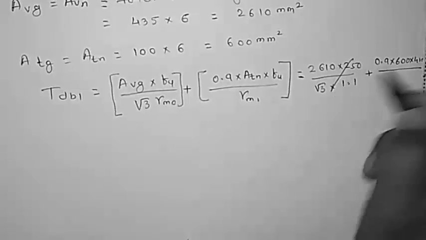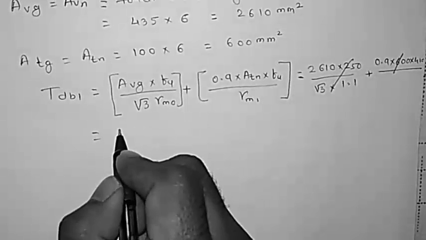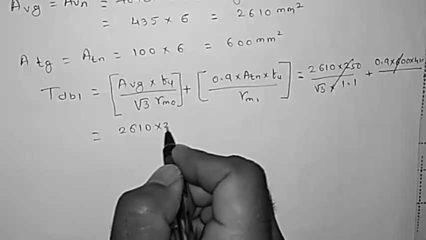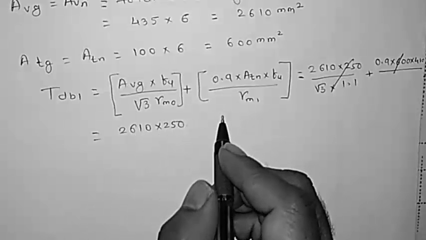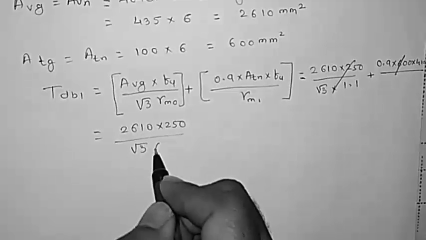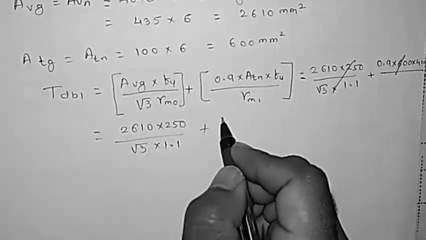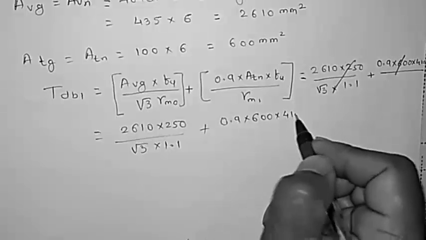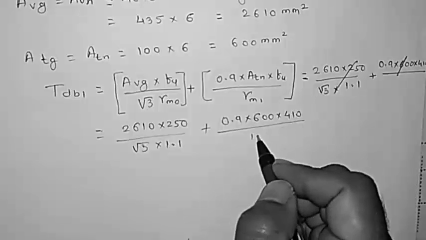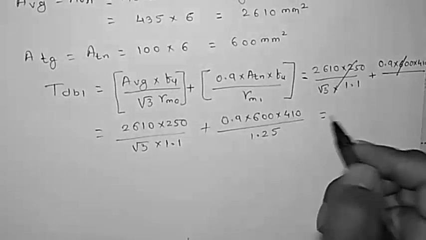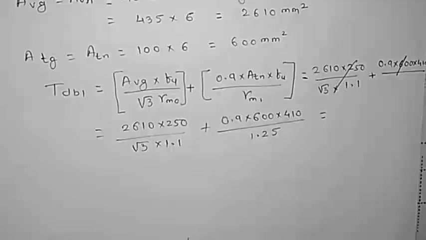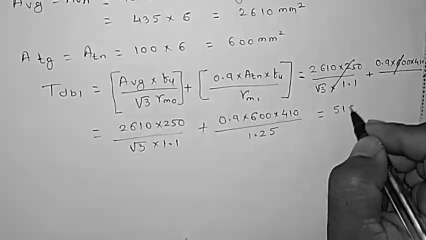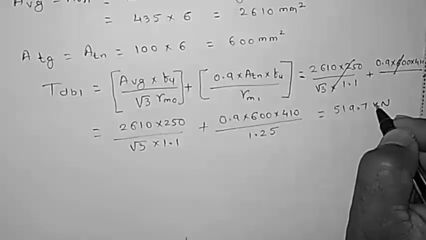So instead we'll just write down here, this is 2610 multiplied by 250 divided by root 3 into 1.1 plus 0.9 into 600 into 410 gamma m1, that is 1.25. So we'll get here 519.7 kilonewton.